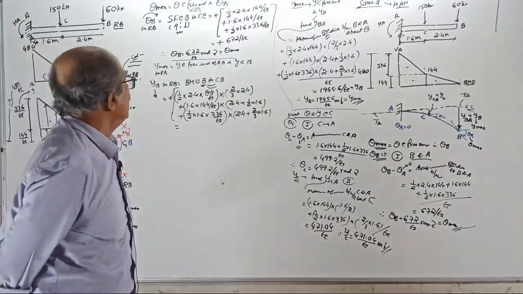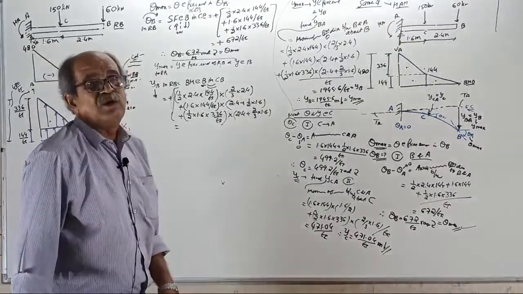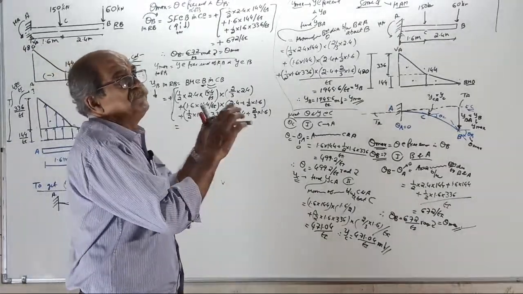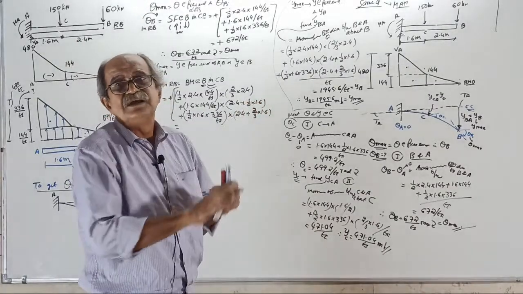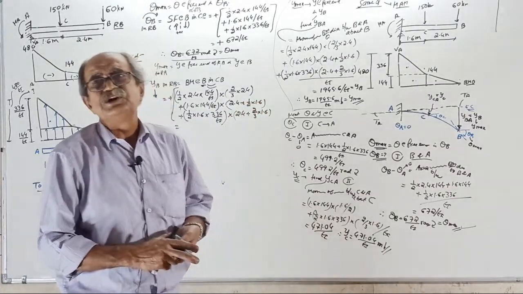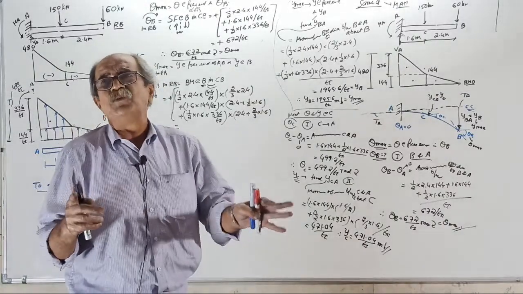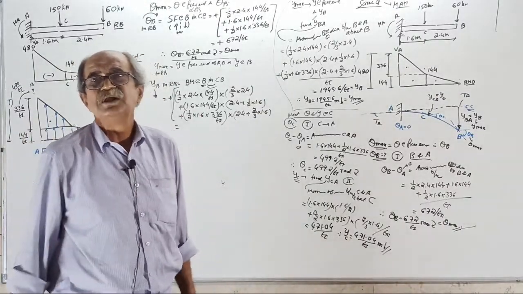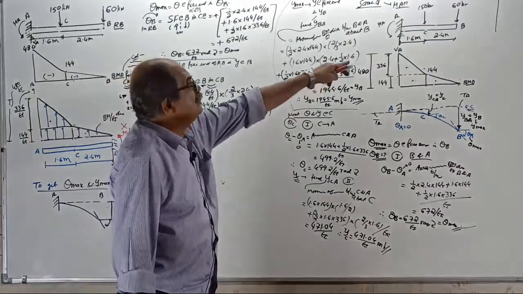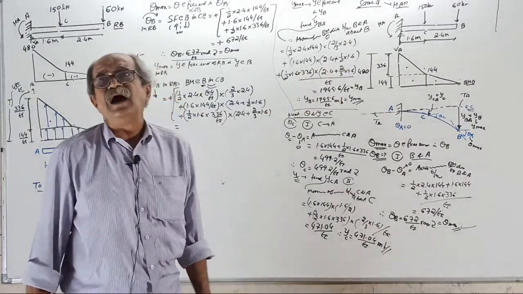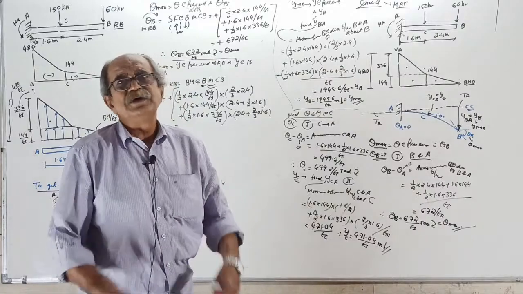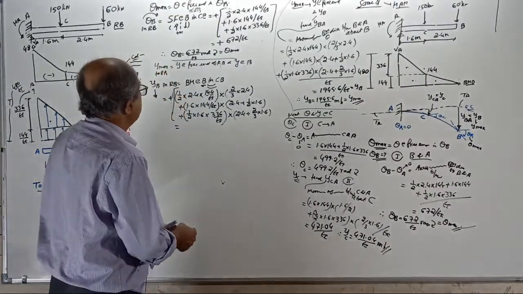Tomorrow I will do one thing. I will solve the second question with the left side free and the right side fixed. Just to give you more confidence, I will solve two conjugate beam questions fast. Before the class, in the right corner, I will write the moment area steps there so that you can complete the question. Over.